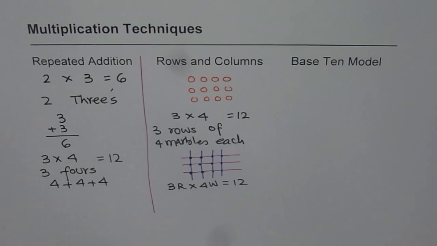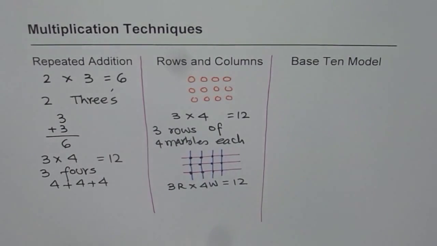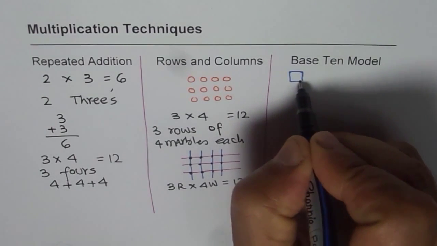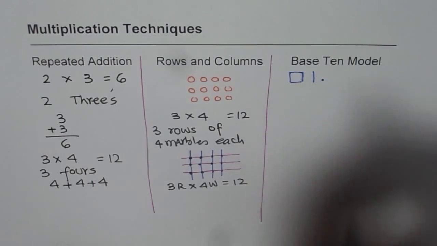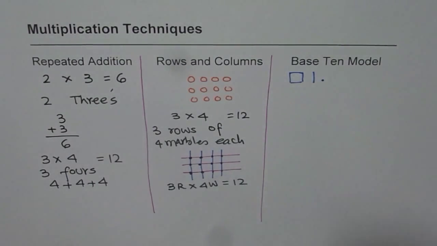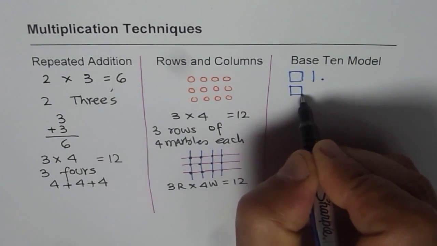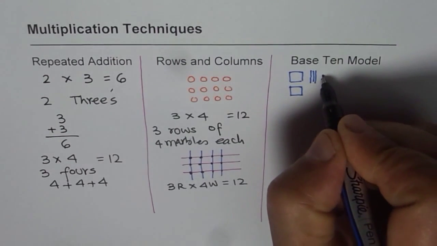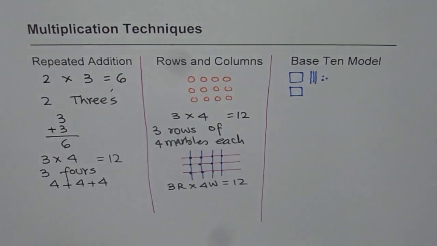And now let's look into the base 10 model. In the base 10 model, we will consider a square to be 100, a line to be 10, and a dot as 1. So let us say we have a number like this, where we have 2 hundreds and 3 tens, and 3 dots.